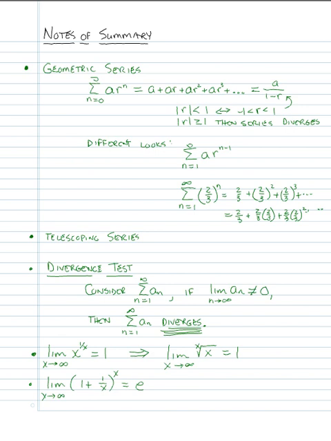Now, something that we haven't talked about yet is called the tail of a series. And so what I'm going to do on the next page is discuss the tail of a series, just so that we have some idea of what that is and the significance. Tail of a series.